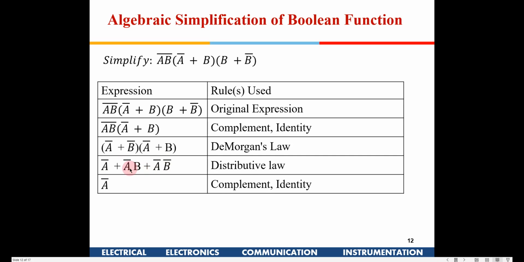From these 3 terms, if I take A bar common, I will have 1 plus B plus B bar. Since there is a 1 in the OR statement here, that will become 1, and that 1 in AND with A bar will give me A bar.